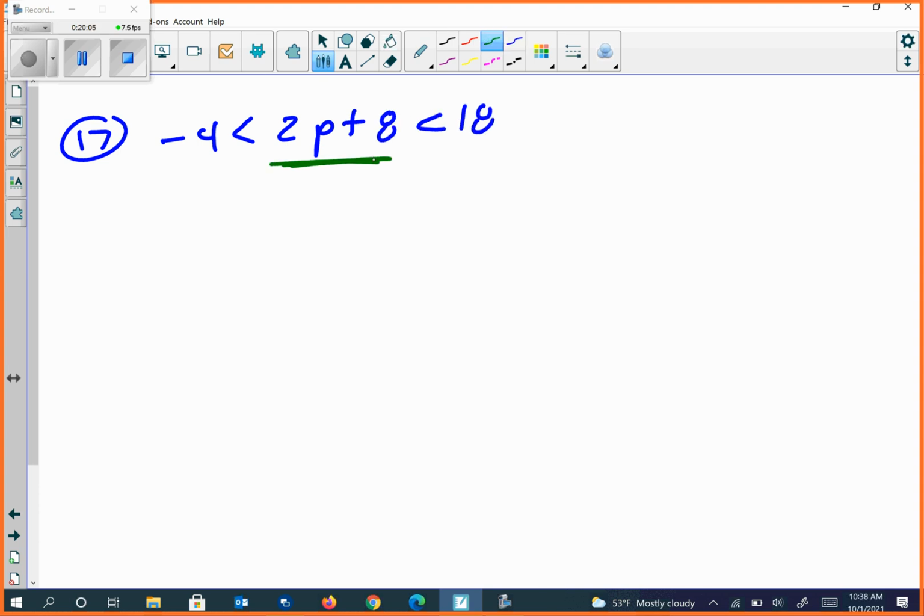Okay, let's split it apart. Agree? Subtract 8.